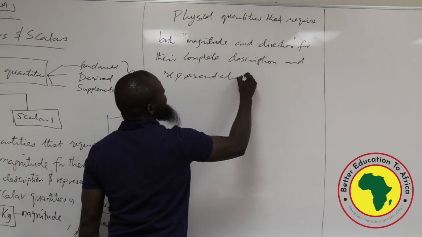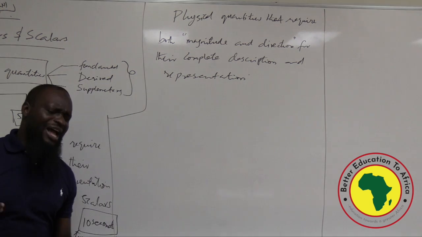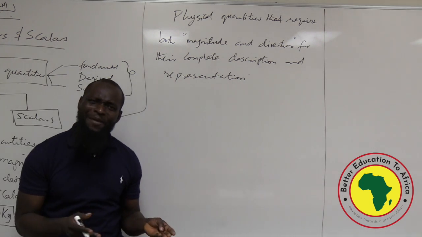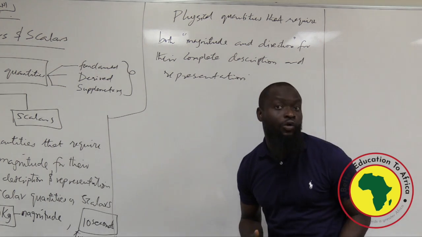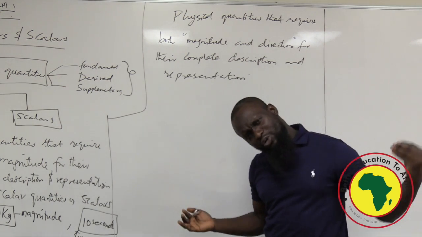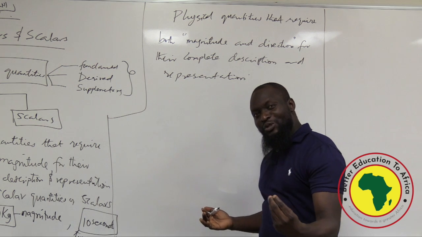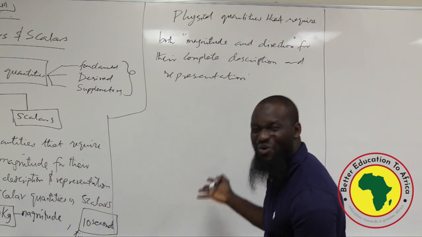There are some quantities that, if you have not attributed direction to them, we cannot fully comprehend them by their magnitude alone. We must also attach a direction to them. So those quantities are vector quantities.